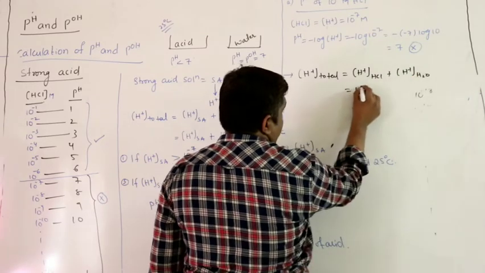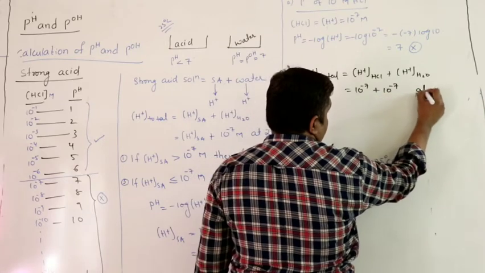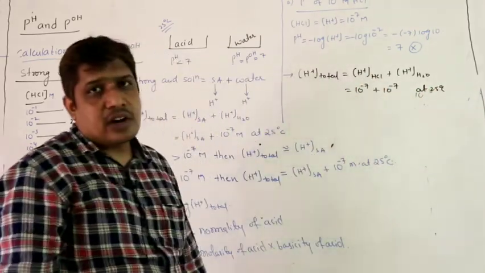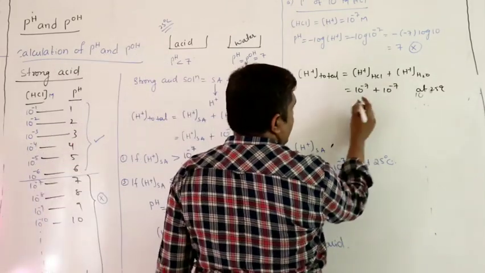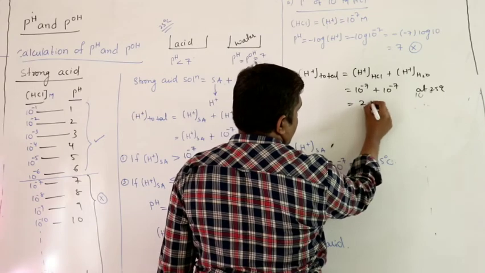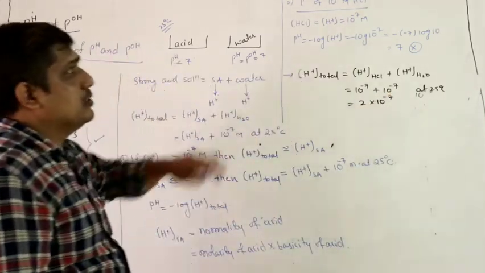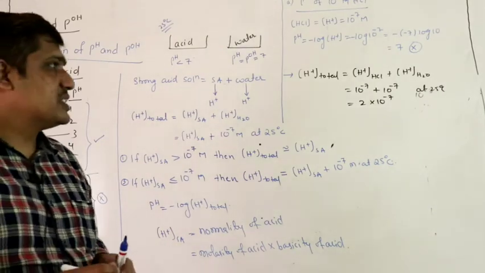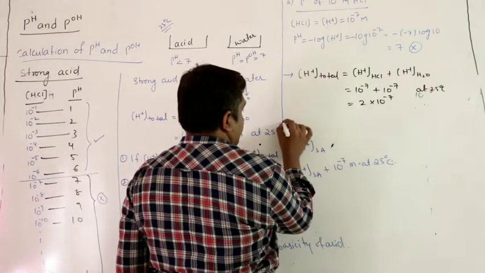So this is 10 power minus 7 plus 10 power minus 7, at 25 degrees Celsius. For HCl molarity equals normality, for water also molarity equals normality. So this is directly normality. So 2 into 10 power minus 7. So although it appears as a 10 power minus 7 molar solution, total H plus ion concentration is 2 into 10 power minus 7. Then find pH.